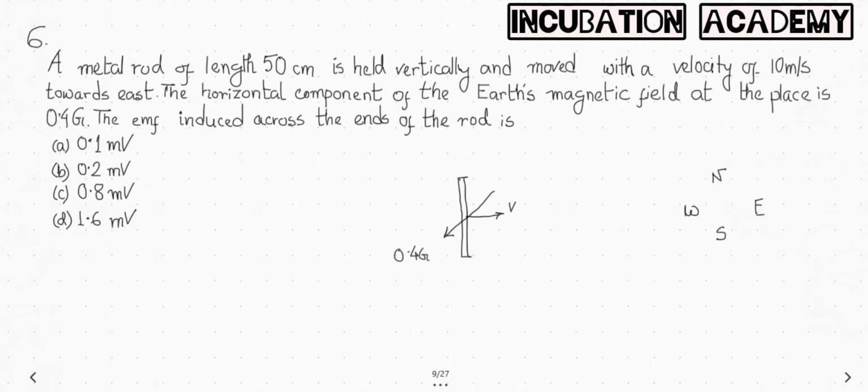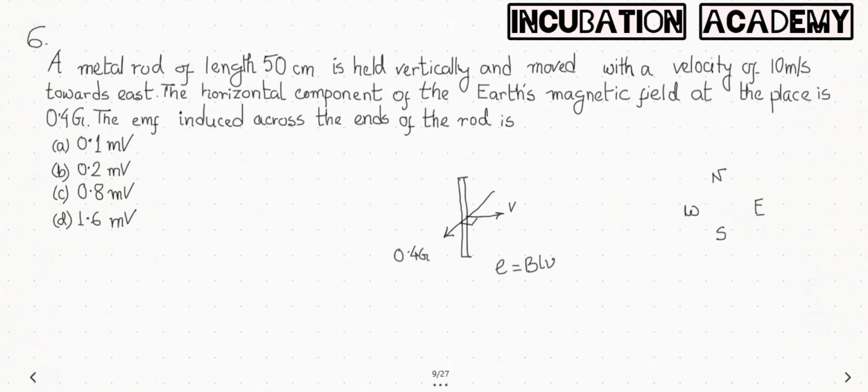So here the direction of the movement and the direction of the horizontal component of the Earth's magnetic field are completely perpendicular to each other. So in this particular case, we can use the formula E equals BLV because theta is 90 degrees here.